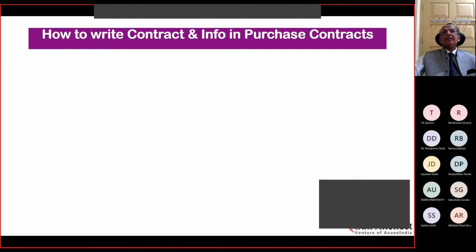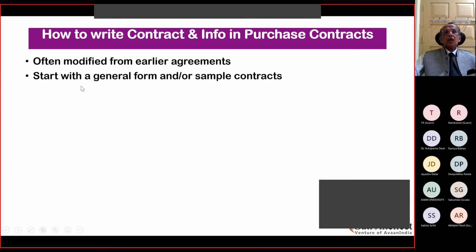Now, how to write a contract and information on purchase contracts. Like I said earlier, they are often modified from earlier agreements. Start with the general form and sample contracts. You may have had a contract carried out earlier, so you take the old one and try to modify it. Get advice from corporate counsel. So the law department or the legal people are the ones who start doing it.